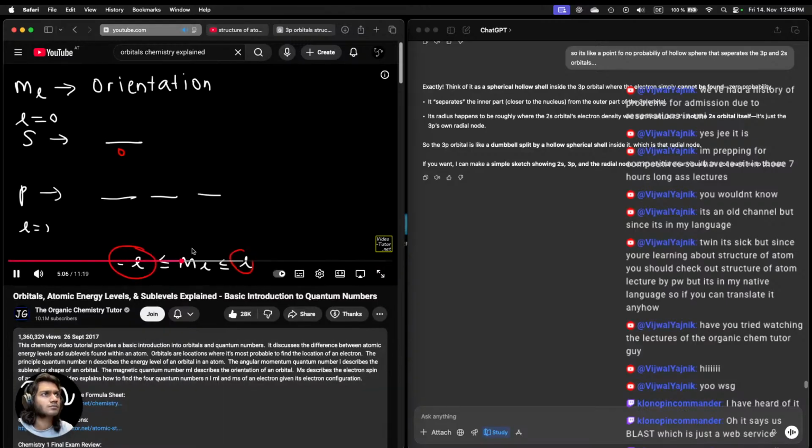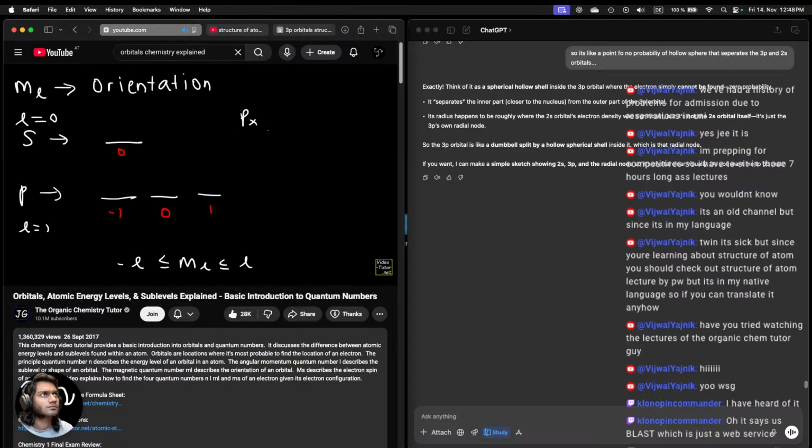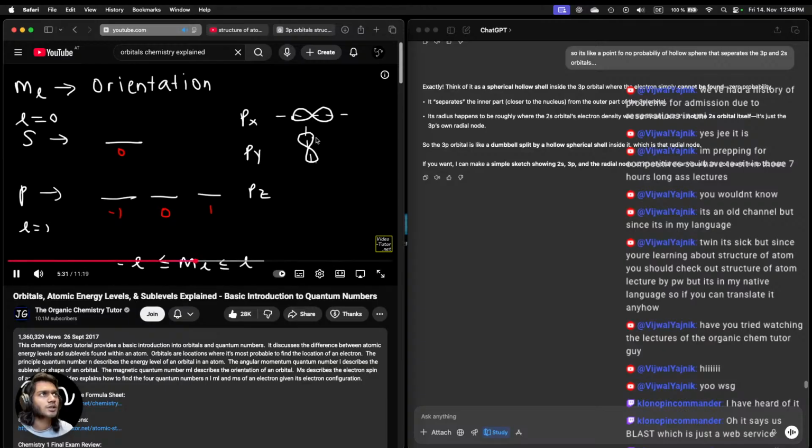So notice that ml describes each orbital in the p sublevel. The p sublevel has 3 orbitals. You have px, py, and pz. So px is basically along the x-axis. py is along the y-axis.